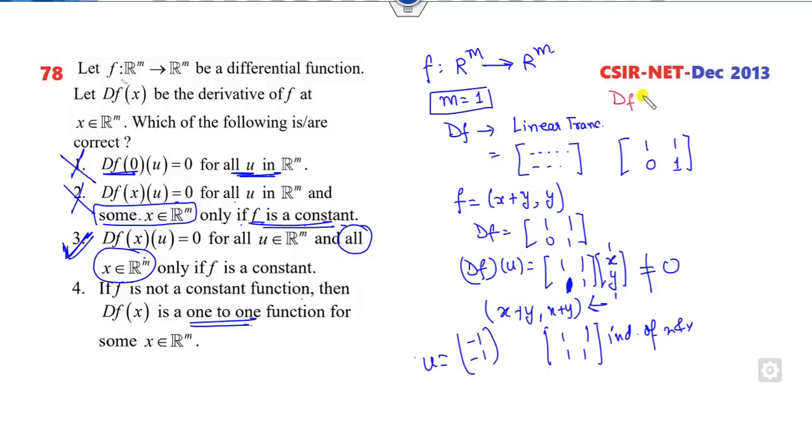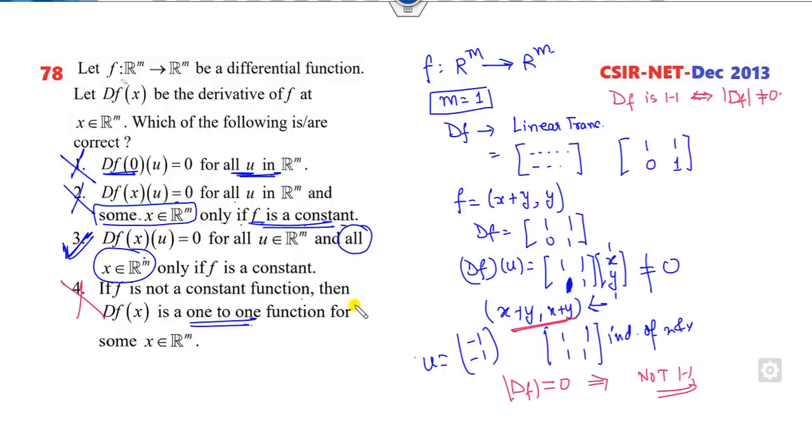We all know a linear transformation is 1 to 1 if and only if its determinant is non-zero. But you can see from here that the determinant of this is 0. Fine. So if it is not 0, then it is 1 to 1. So this option is cancelled out, because f is not a constant. This is not a constant function, but we still get df as 0. So the only correct option is C, my right answer.